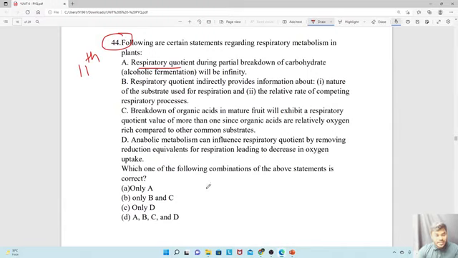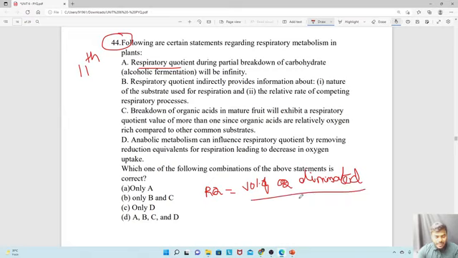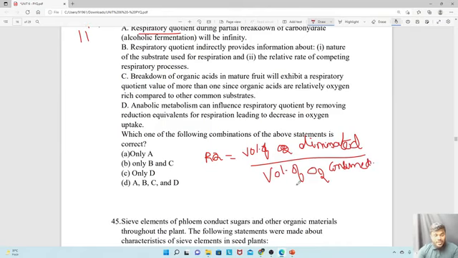Then you can answer my questions. First, what is respiratory coefficient? How much volume of carbon dioxide gets eliminated by how much volume of oxygen getting consumed? This is exactly what we call the respiratory coefficient.